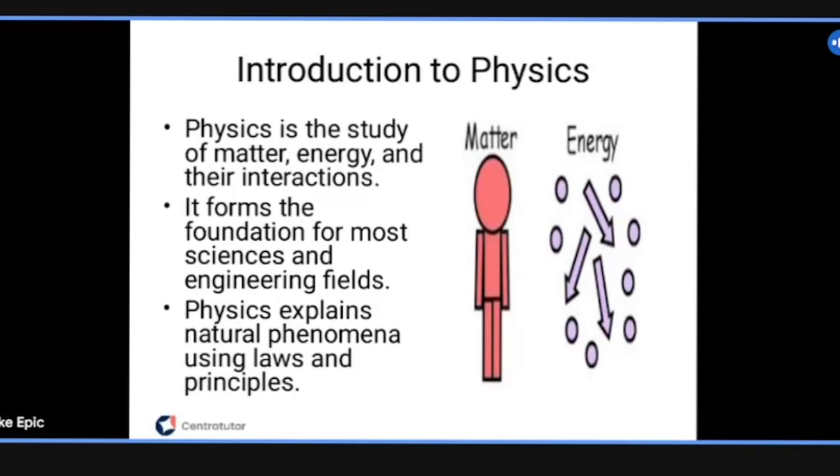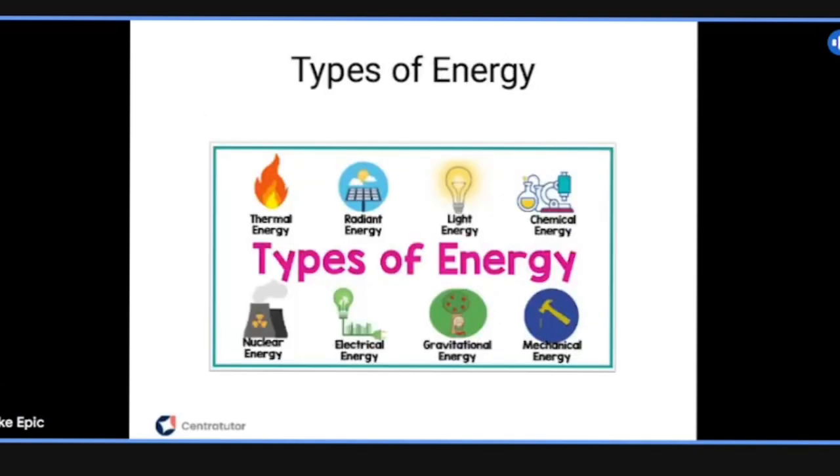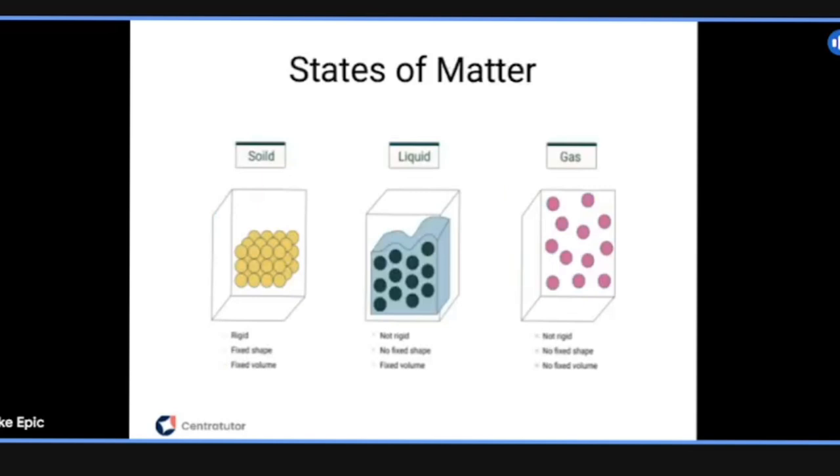and principles. Next, we also talked about the different types of energy: thermal, radiant, light, chemical, nuclear, electrical, gravitational, and mechanical energy. We did some explanations about these types of energy, and then we moved on to states of matter.